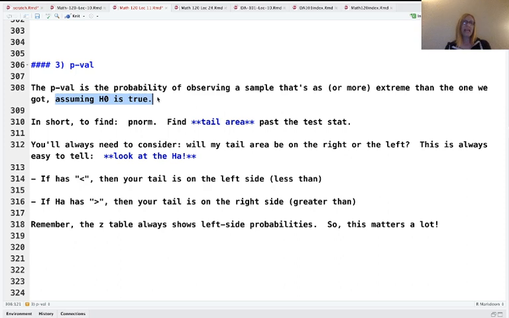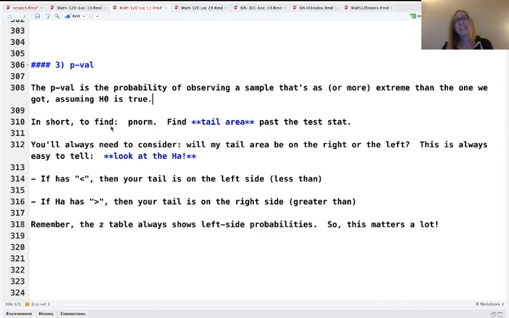Of course, in order to compute that probability, we need to make some assumptions about the population, and that's what the null hypothesis is for. We can't find any of this stuff without the null hypothesis. But to actually find these probabilities, we're using the z distribution, as always.